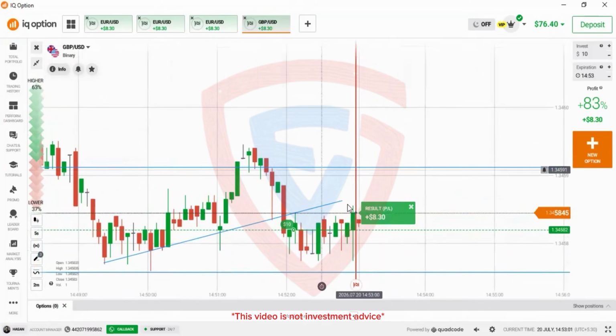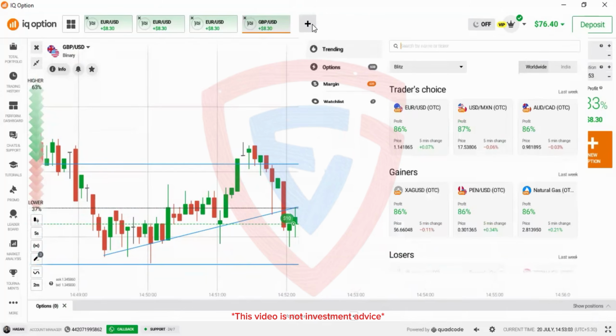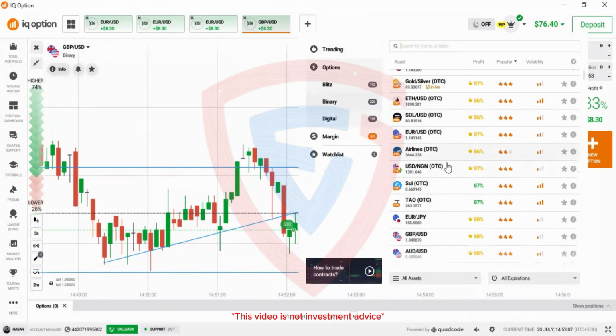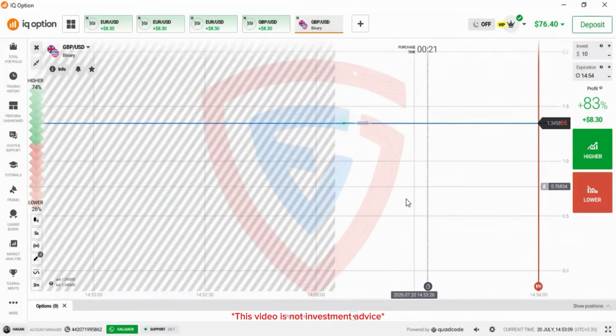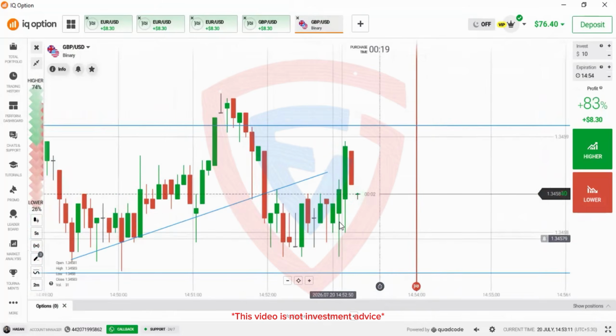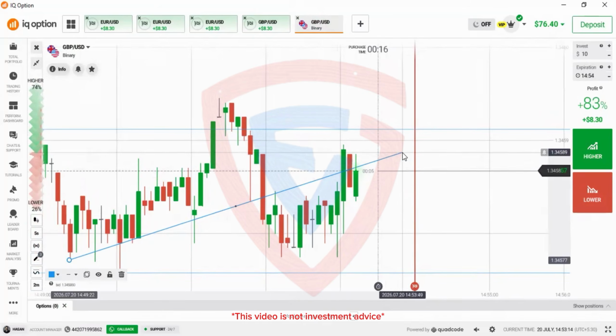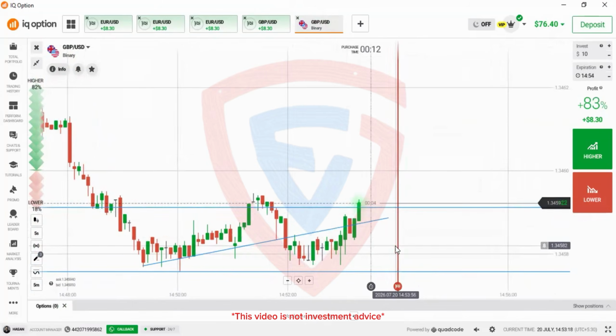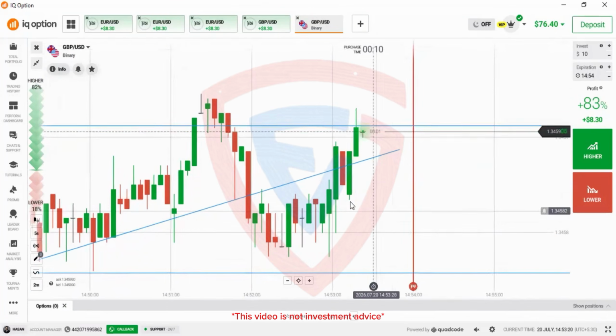Okay. So it is a winning trade. Again, I'm seeing a hammer candlestick here. So I saw a hammer candlestick from the same point. Here, a strong hammer candlestick, but I missed this trade.